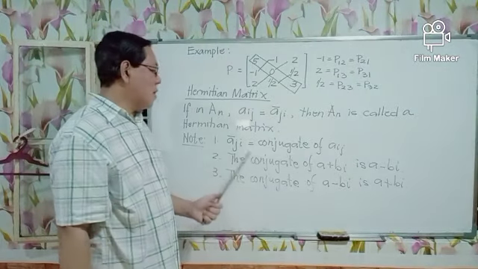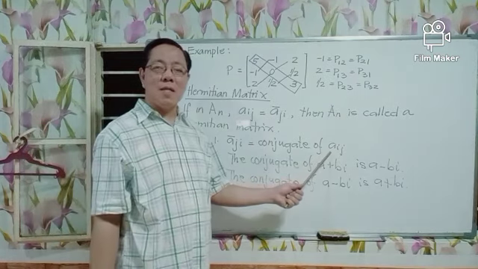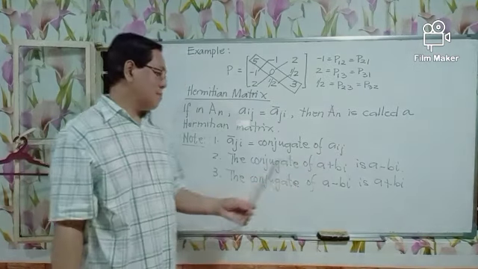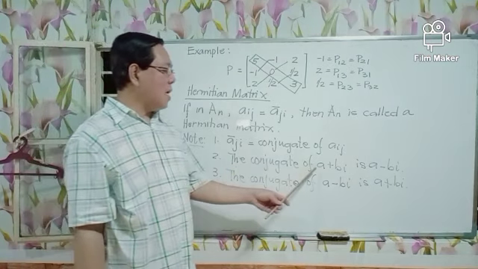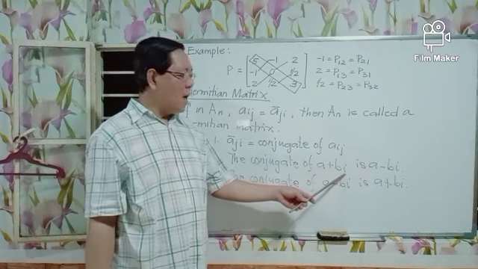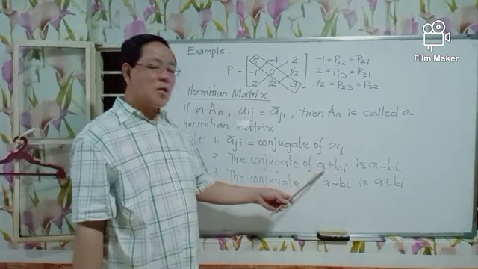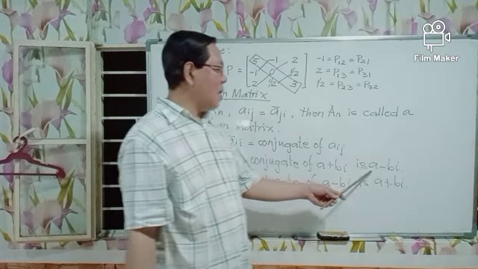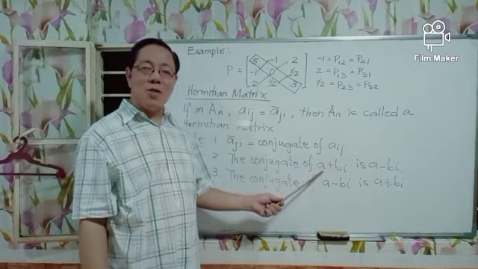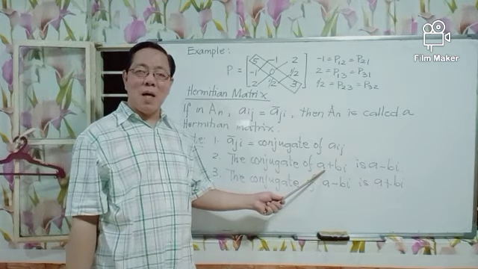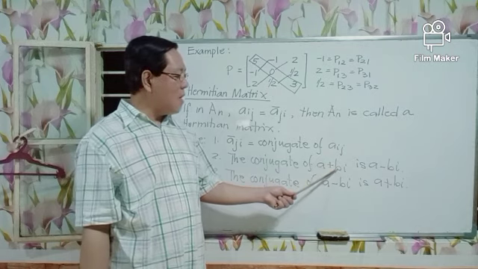Again, A sub ji bar is the conjugate of the entry A sub ij. For the complex number a plus bi, where i is the square root of -1, to get the conjugate, we simply take the opposite sign of the imaginary part.